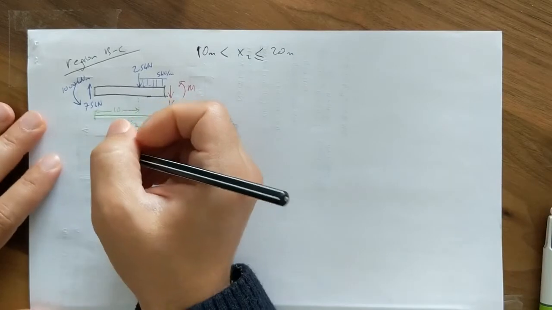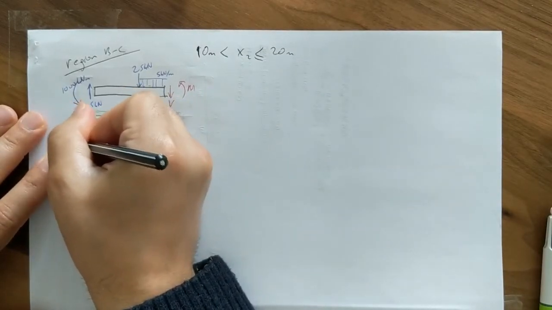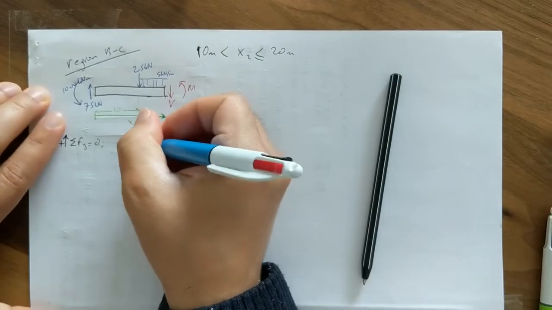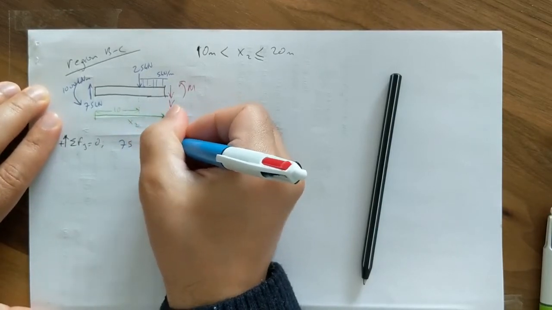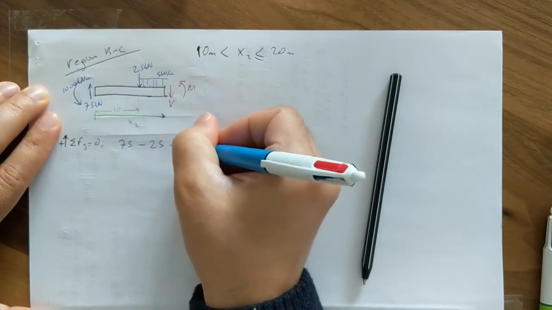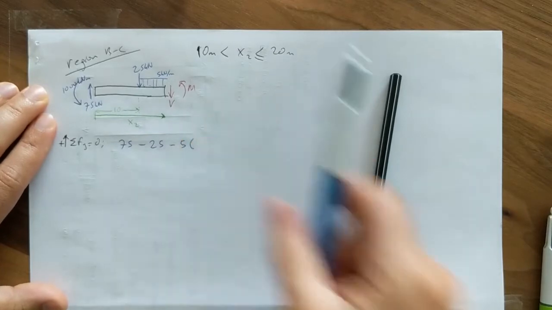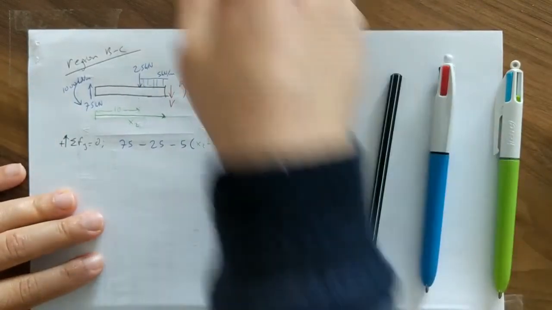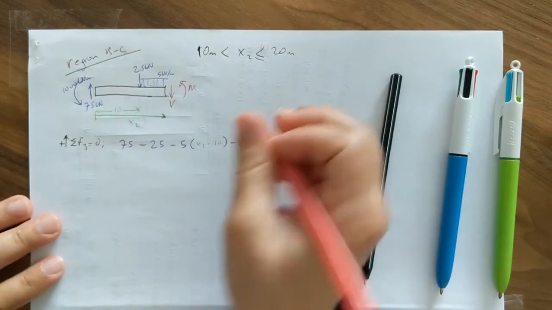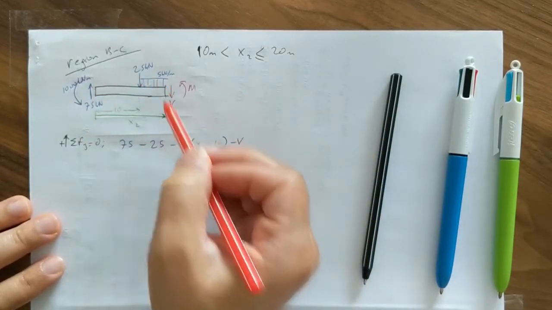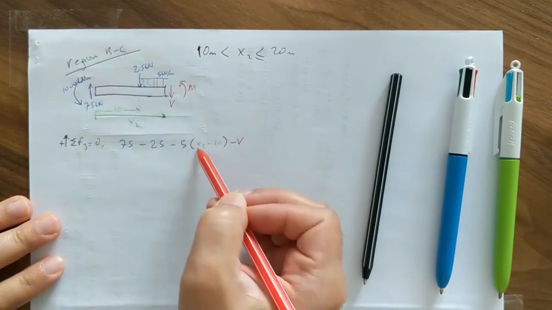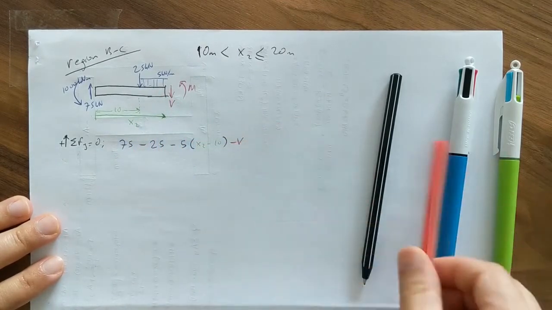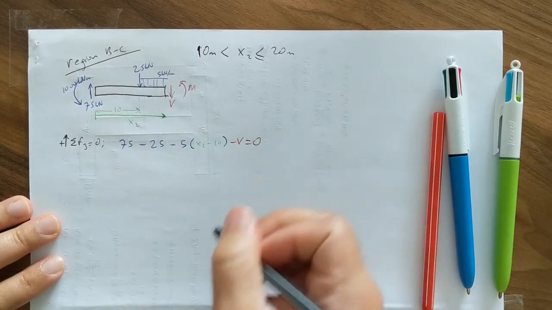Okay, now writing the equilibrium equations, starting with the vertical one. 75 positive, then -25, -5 for distributed load, 5 times (x2 - 10), and also negative V. 75 upward, 25 downward, distributed load downward, 5 times x2, so this we multiply by this distance, which is x2 - 10, minus V. So when we sum all of these, it is equal to 0.